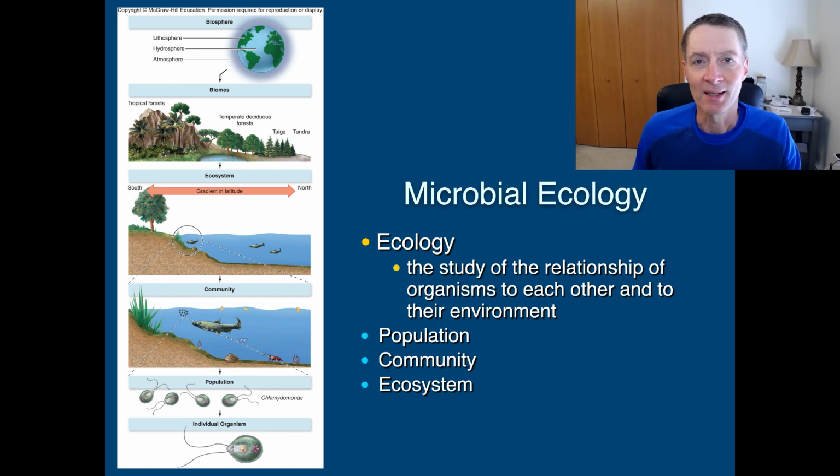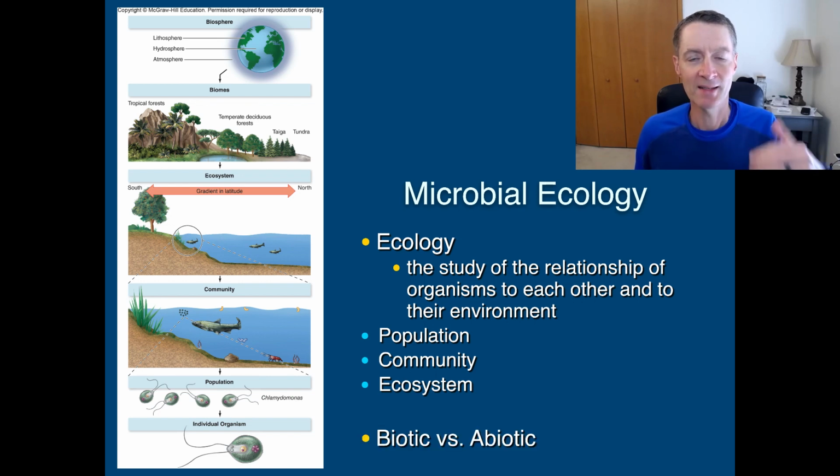Then we get to an ecosystem. And an ecosystem is taking the community in a particular place, and it's adding in the abiotic factors. Okay? So an ecosystem are all the biotic and all the abiotic factors.